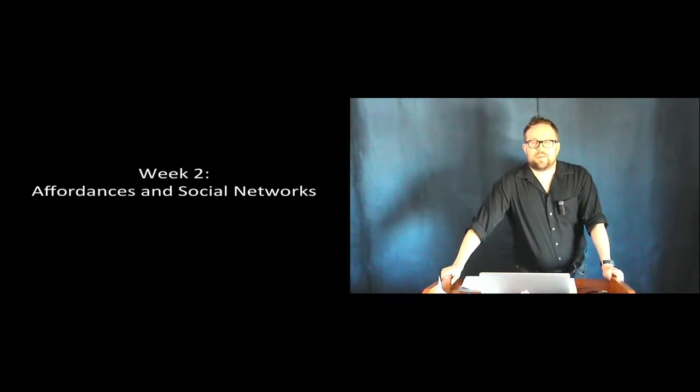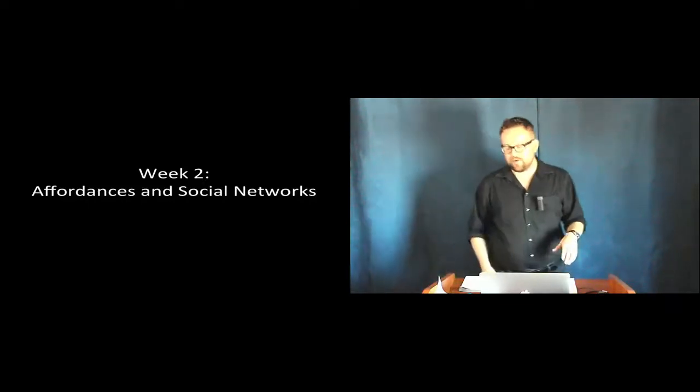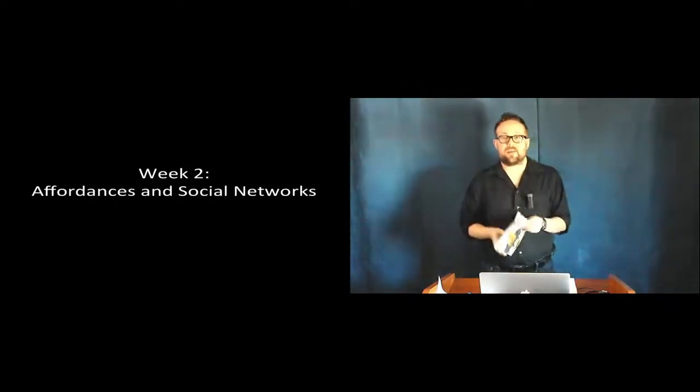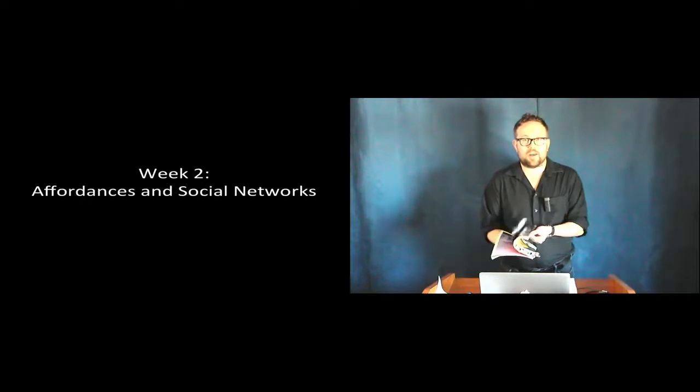The first notion is the idea of affordances, or an affordance. An affordance is just a possible course of action that we perceive in the world given the objects around us. Like, given that this is a magazine, I know that I can pick it up and that I can open it like this. It's in a book form.